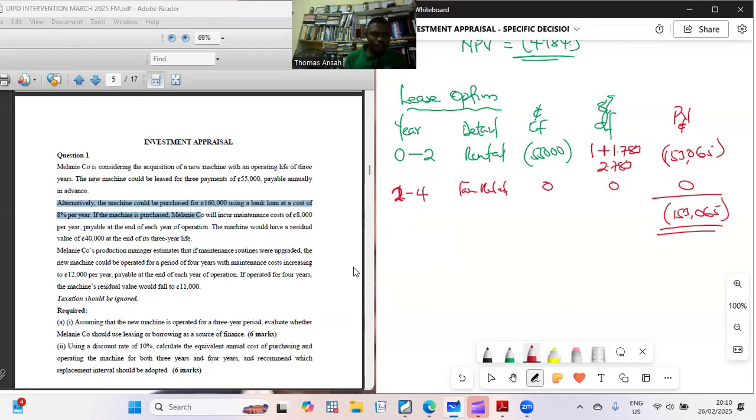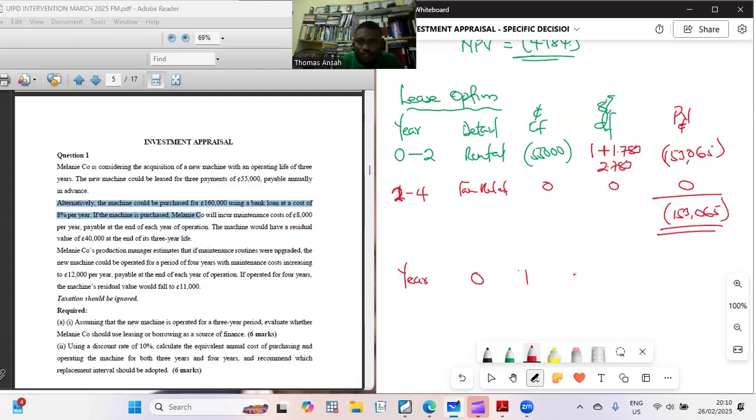Then the capital allowance: alternatively, we have a 160,000 loan from the bank at 8%, with maintenance incurred per year, and the machine will have a residual value. If there is no tax, then you will not get capital allowance, because there is no tax for it to relieve. So let's set it up. We start at 0.